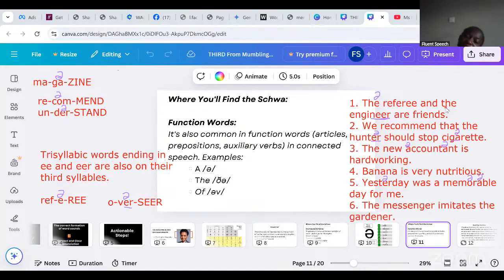But if the next word after THE is a vowel, then the E will be reduced into E. I told you earlier that we can reduce vowels into three different vowels. Some are reduced into a schwa, some are reduced into A, others are reduced into E.